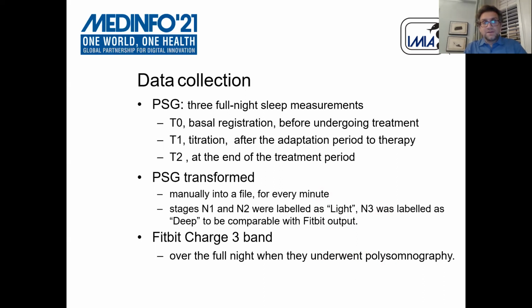PSG data needed to be transformed into a file for every minute to determine the stage of sleep for all of the patients for all of the 3 nights.